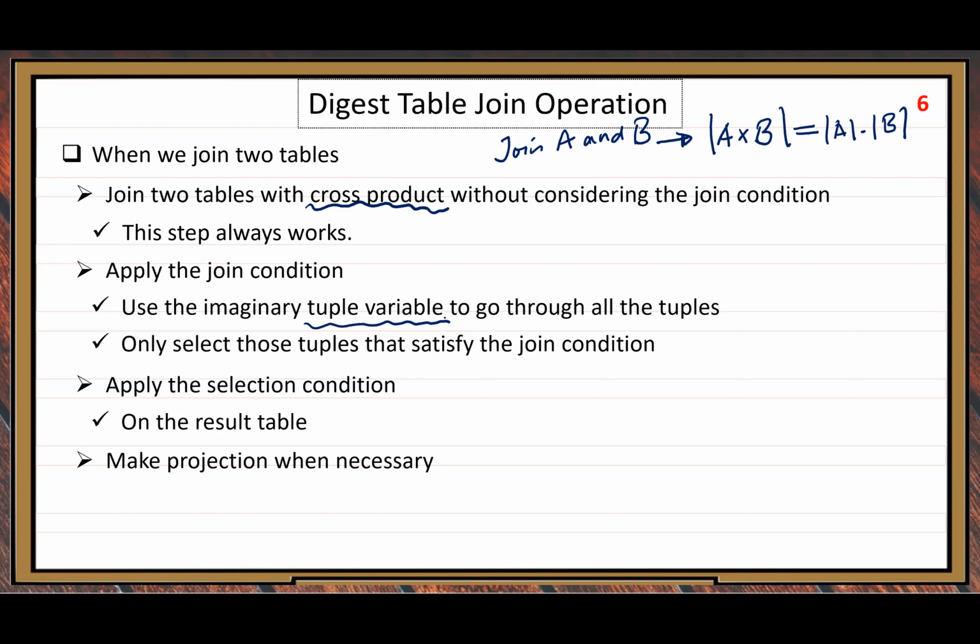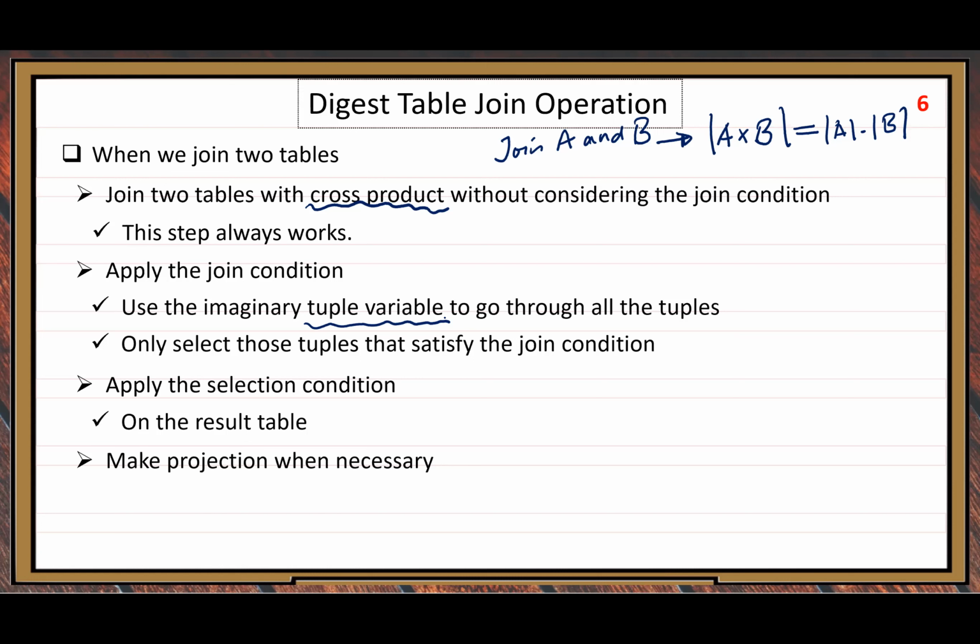It looks like I missed something. Whatever. After that, you make that selection. After that, make projection when necessary. At the end, because after you eliminate all those tuples not satisfying one of the two conditions, either join condition or selection condition, you cross them out. Then for the remaining tuples, you don't need all the attributes, right?